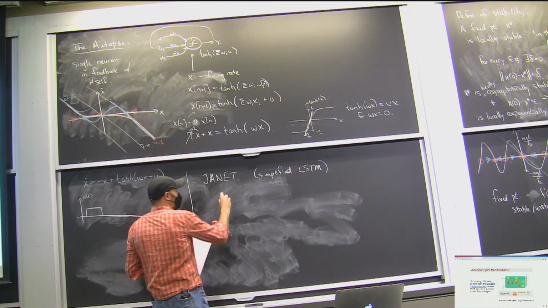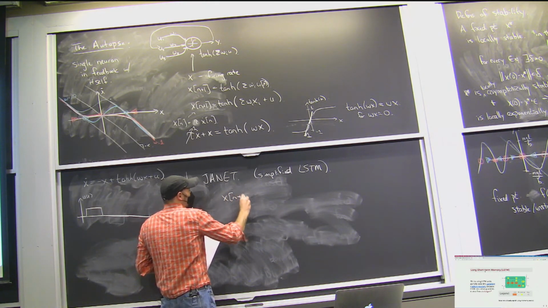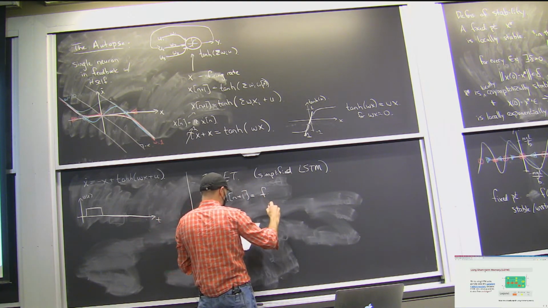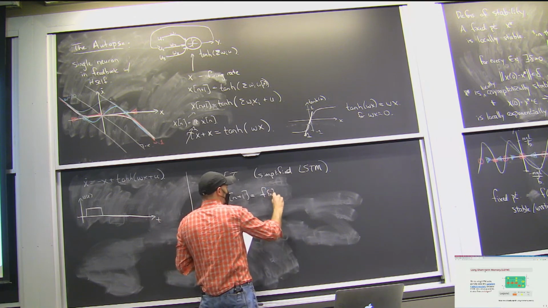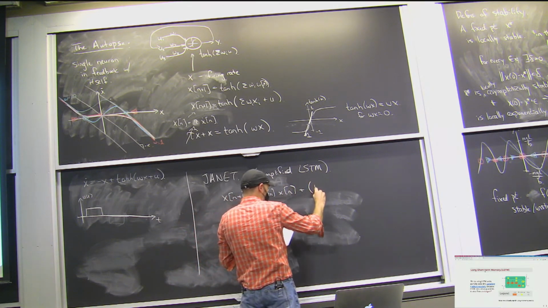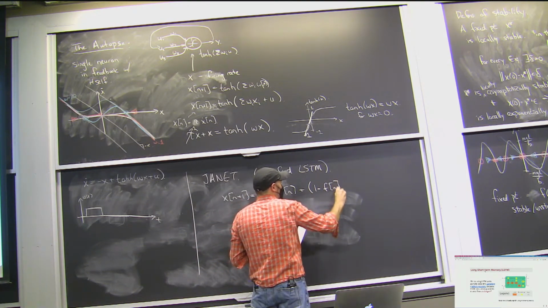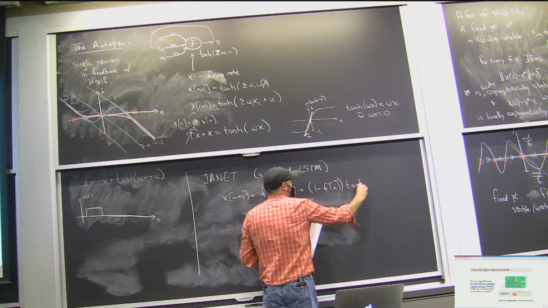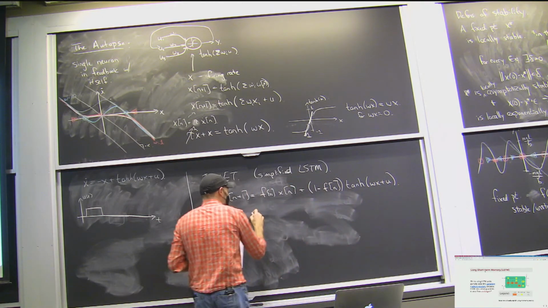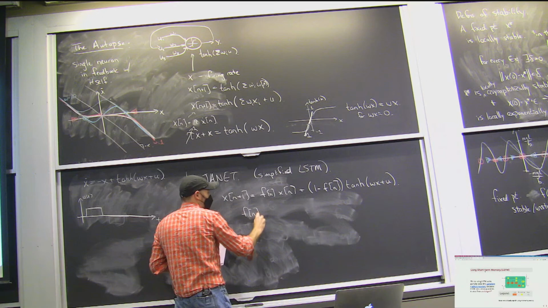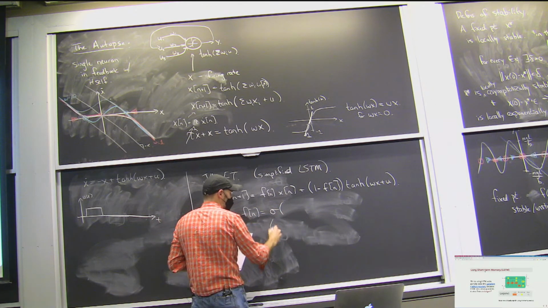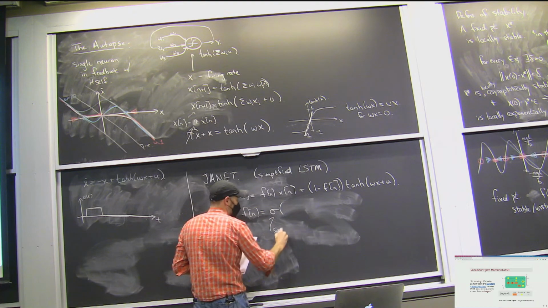Okay, so the model looks like this. I've got an extra forget, we'll call it f of n here, where f of n is just another input. This is my sigmoid activation. It's very similar to tanh.